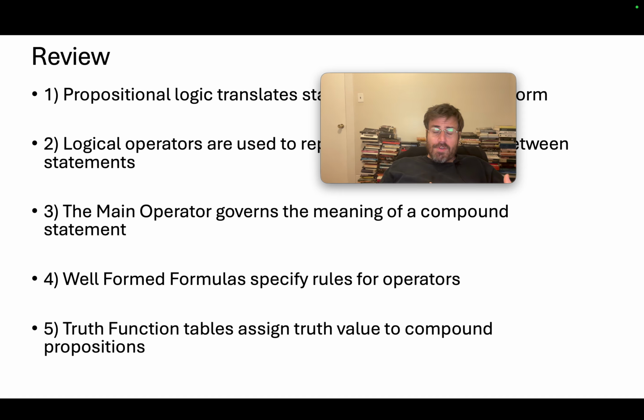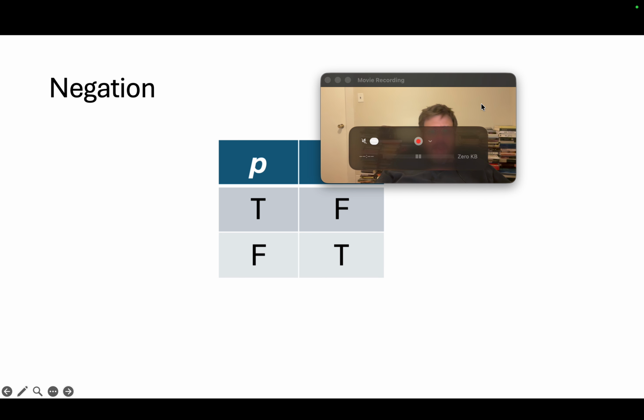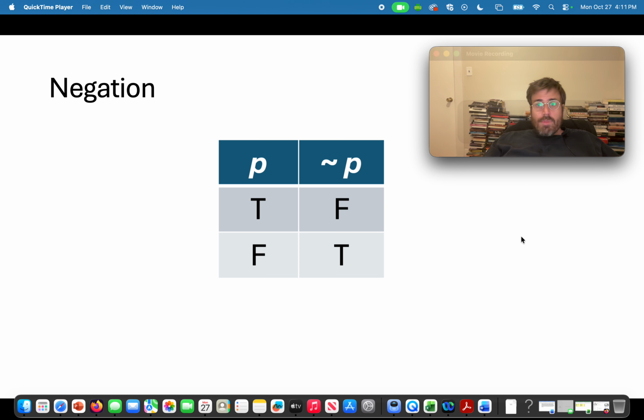We can apply the truth value functions to more complex statements. And ultimately, we're going to be able to pick up what complex arguments are valid or not on the basis of their truth value.